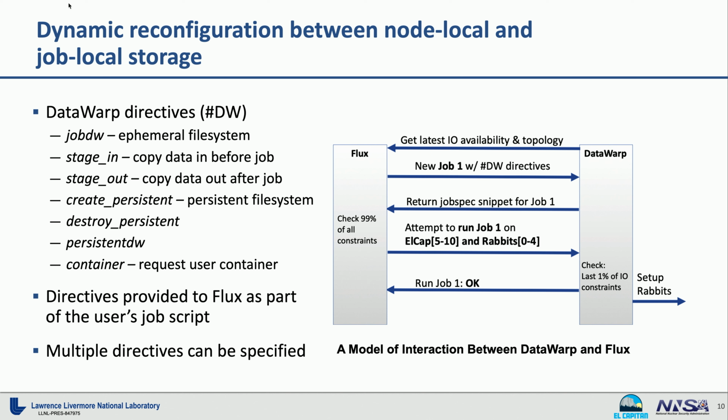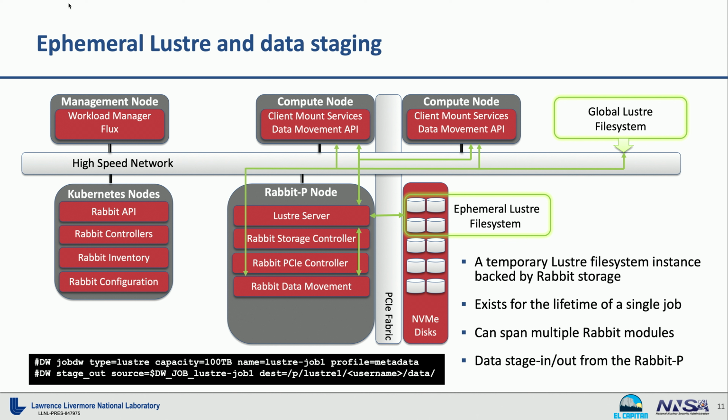I just talked about the several modes or the flexibility that this Rabbit storage provides, and so that means it can provide lots of different interfaces to the user jobs. The one that's most interesting to me, and probably most interesting to people here, is the possibility to use it as a Lustre file system.